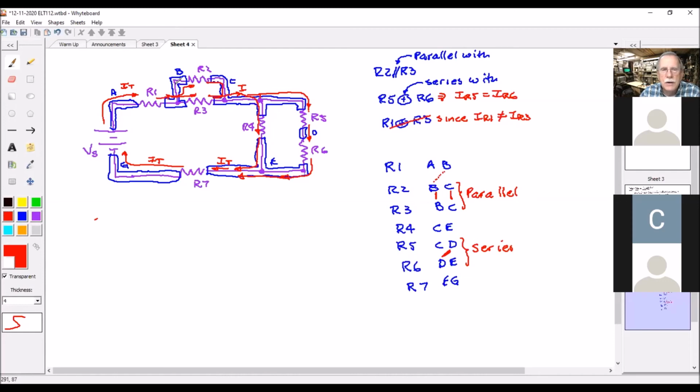Current that goes in equals the sum of the currents that leave. So whatever current I had here splits to become IR2 and IR3. So we could write KCL as IT equals IR2 plus IR3. Yeah, we could do that, and we will do that later on.